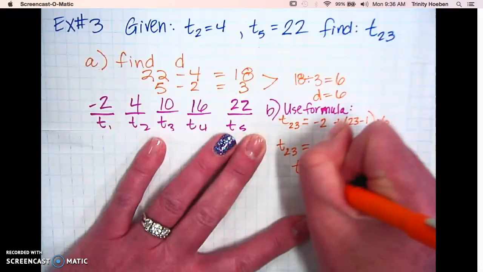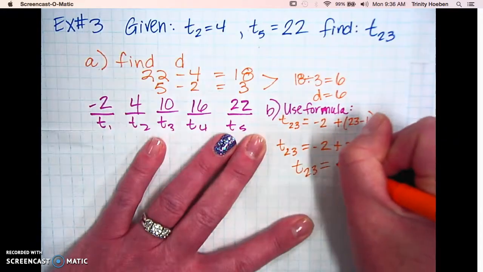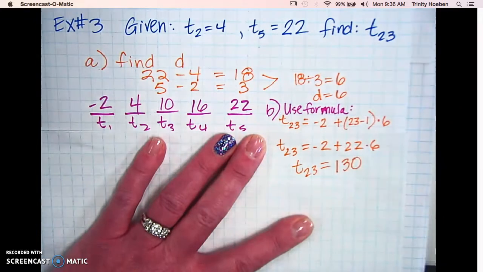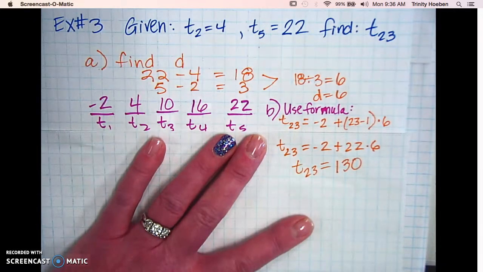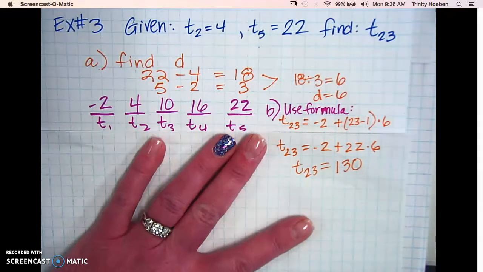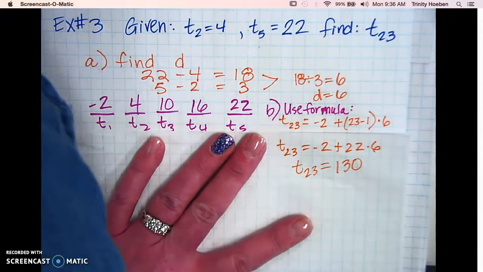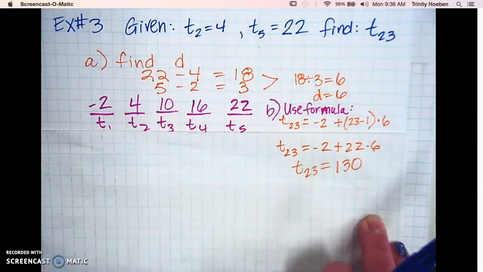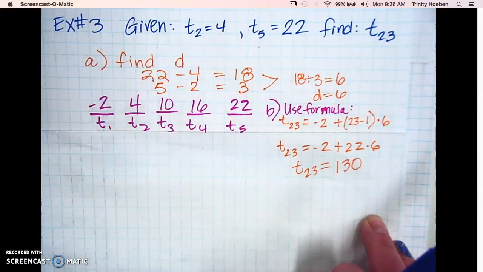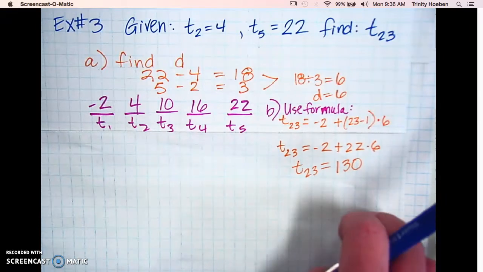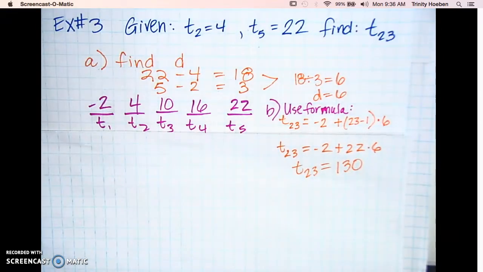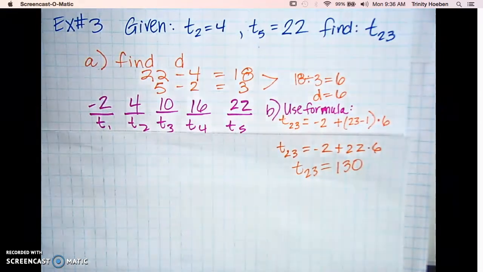You should get the 23rd term to be 130. Calculate that in your calculator. As long as you do it in the right order, that's what you're going to get. Anybody still copying that down?